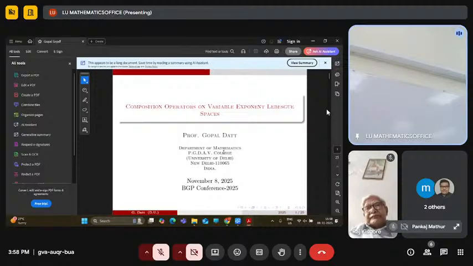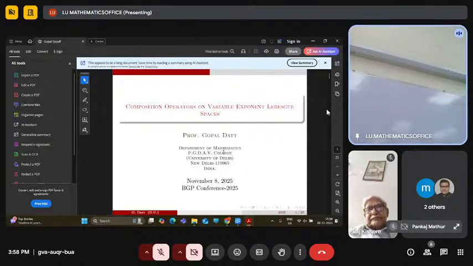The systematic study of composition operators came from Nordgren in 1968. Then Schwartz and Ross, who were senior to Shapiro, were the initial two students of Professor Nordgren who did their work on composition operators, and R.K. Singh was the third student. In 1972, he completed his PhD.